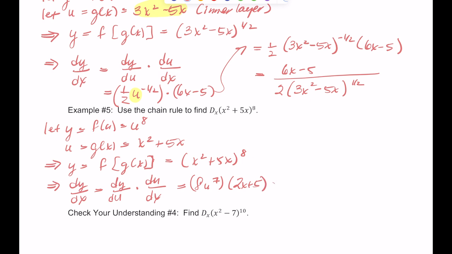Then all I need to do now is replace the u with the actual expression, which is x squared plus 5x, and then multiply by 2x plus 5.